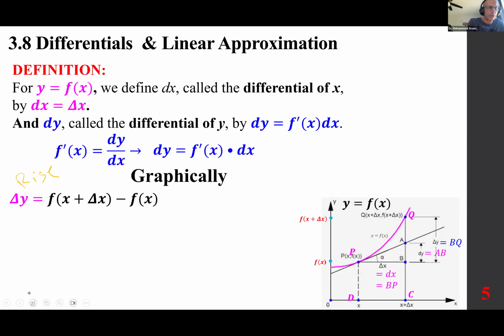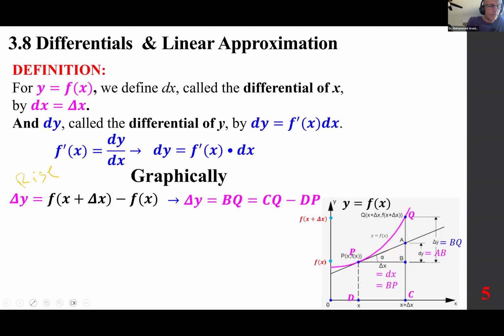Remember, rise over run. And we can see that delta y is this distance BQ, or f of x plus delta x minus f of x, or CQ minus DP. DP, this distance, is f of x, and CQ is f of x plus delta x. So that's delta y.